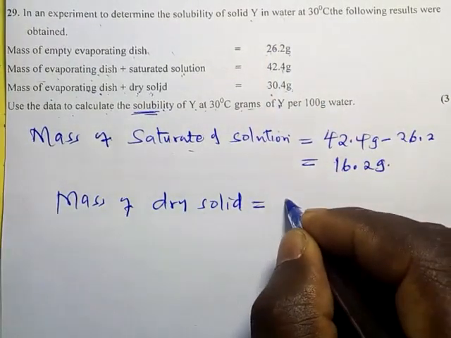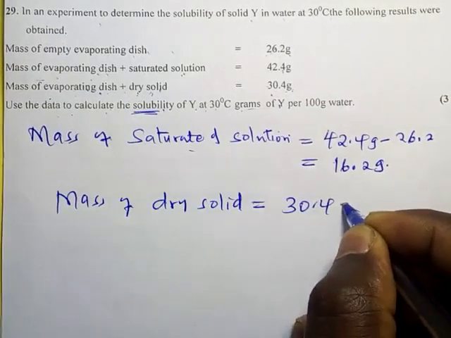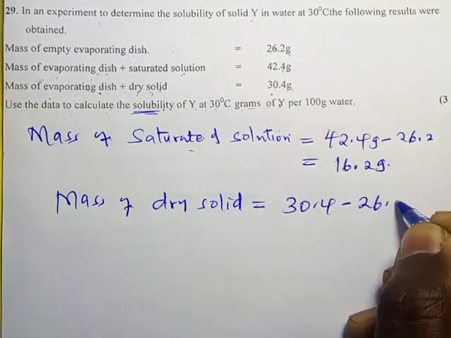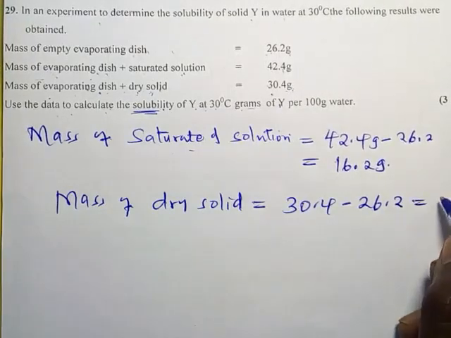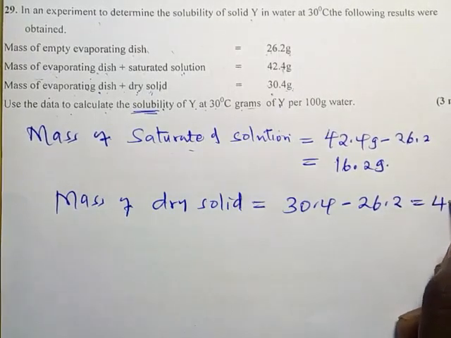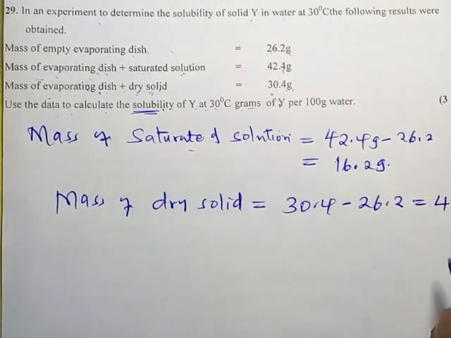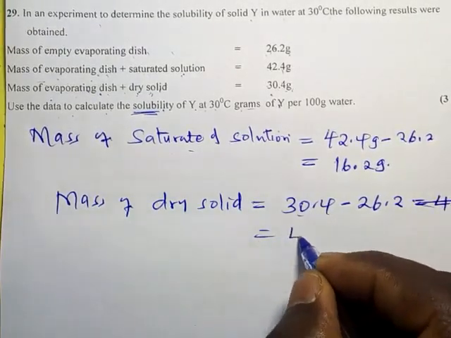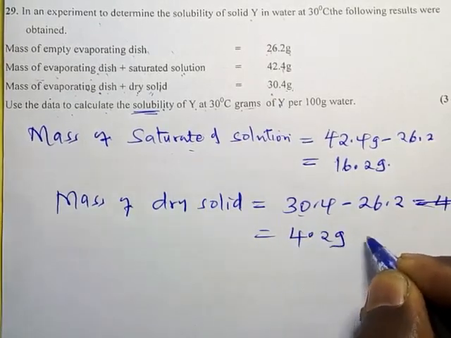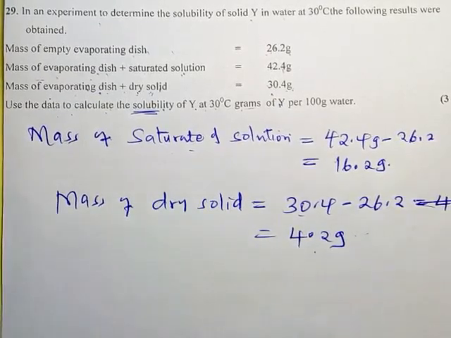So that is 30.4 minus 26.2 for the empty evaporating dish, and it gives us 4.2 grams. Let me write it here. So this minus this is giving us 4.2 grams. This is the mass of the solute, that is the solid.